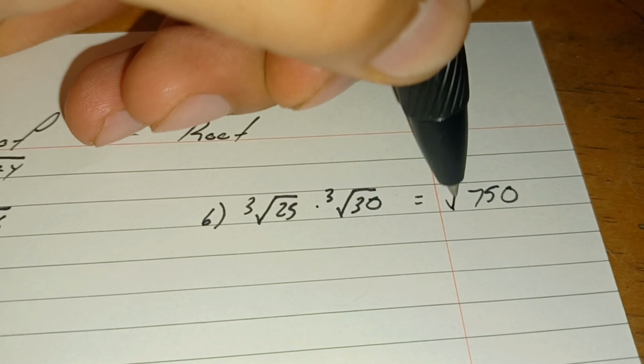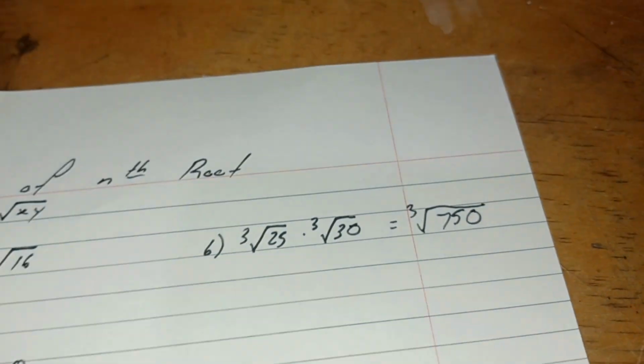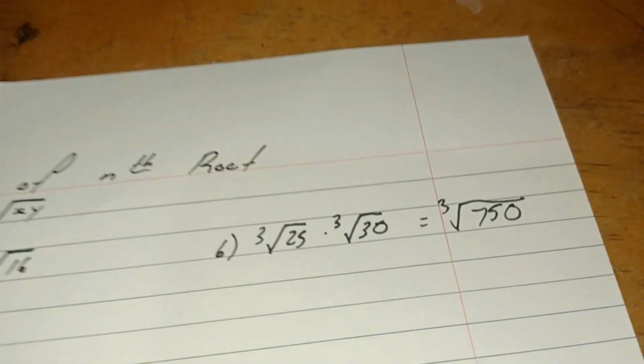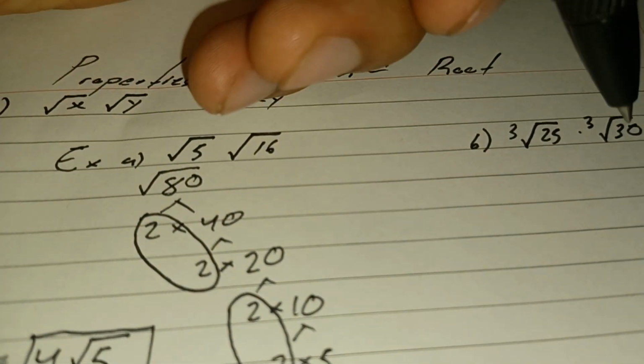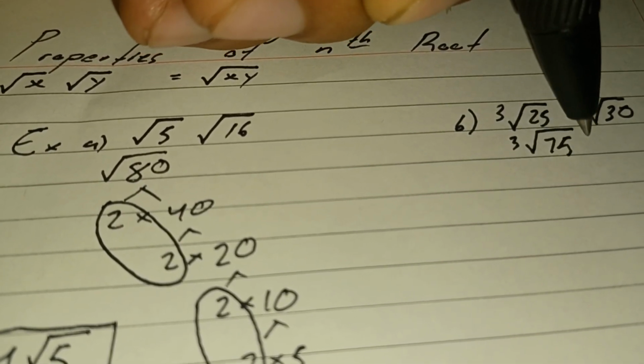Don't forget the cube root. Again, we cannot leave this like that, so we are going to simplify it. So we have the cube root of 750.